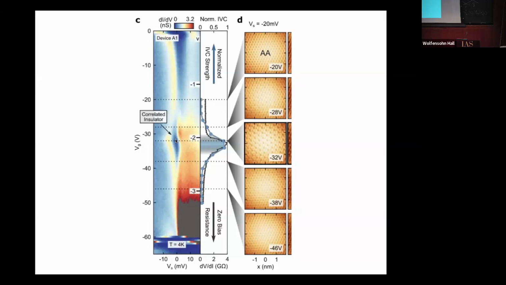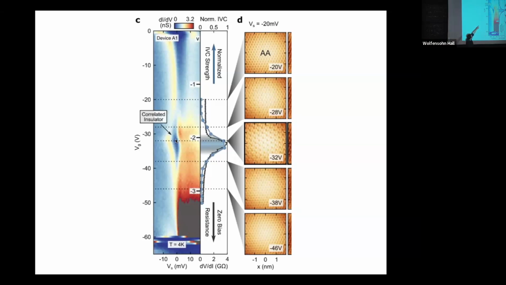So they bring the STM tip and they ask, what is the rate at which electrons are injected as a function of the bias between the tip and the sample? If the system's an insulator, a finite bias is required in order to inject electrons, whereas if the system is a metal, then you'll see a current at 0 bias. What you'll see is that for filling between 0 and 2, there's finite tunneling right at 0 bias, indicating the system is some sort of metal.